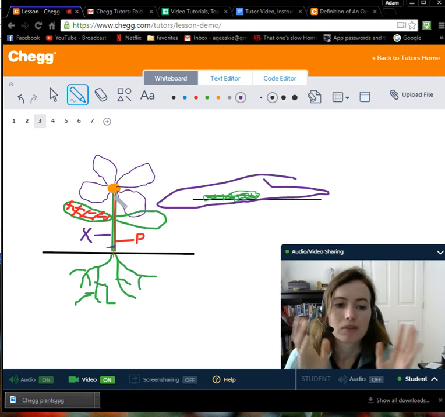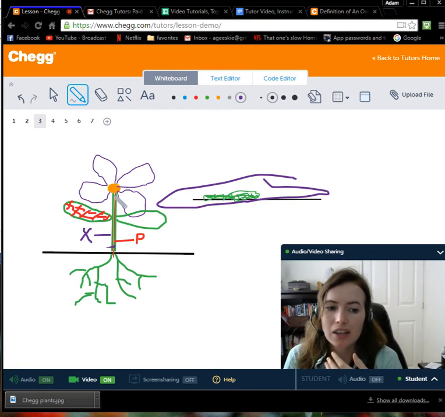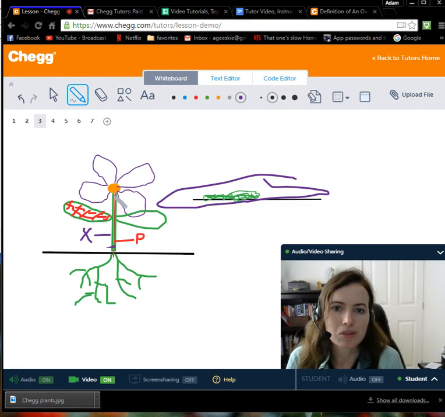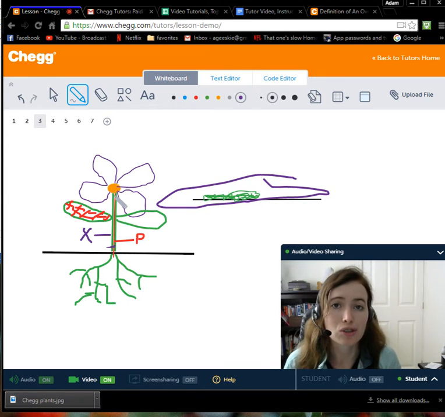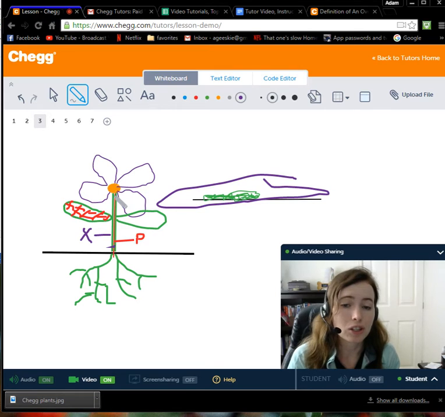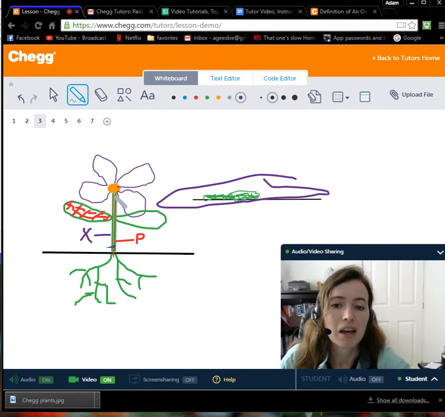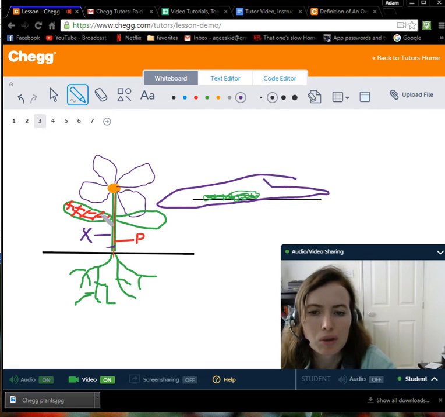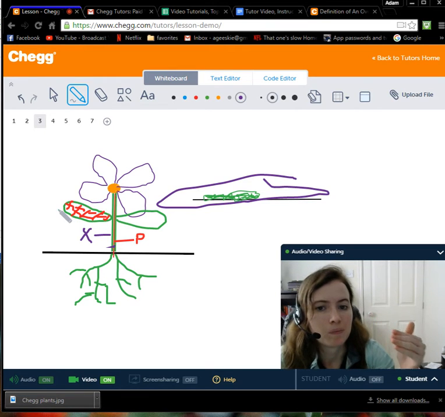Think of the bark of a tree going around. That's the xylem. The phloem is on the inside, and it's a little more fragile because it's not exposed to the outside portions. It makes sure that the sucrose and all the sugars are going to where they need to be, and the water too. It's kind of like the vein system. That's why I drew the red inside the leaves, because it goes everywhere.